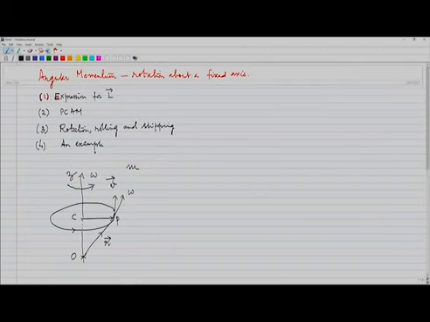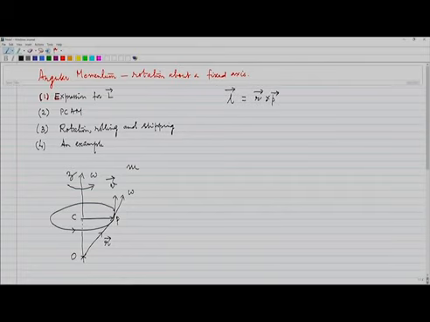So we study the angular momentum in the special case of rotation about a fixed axis. What is the general expression? The general expression for a single particle is little l equals r crossed with p.